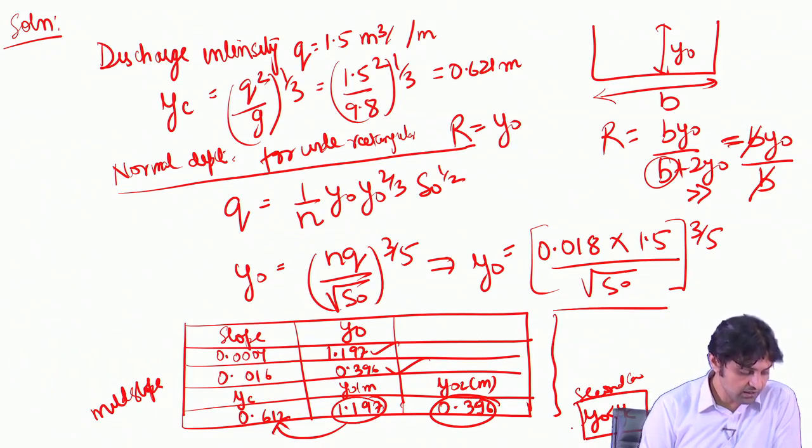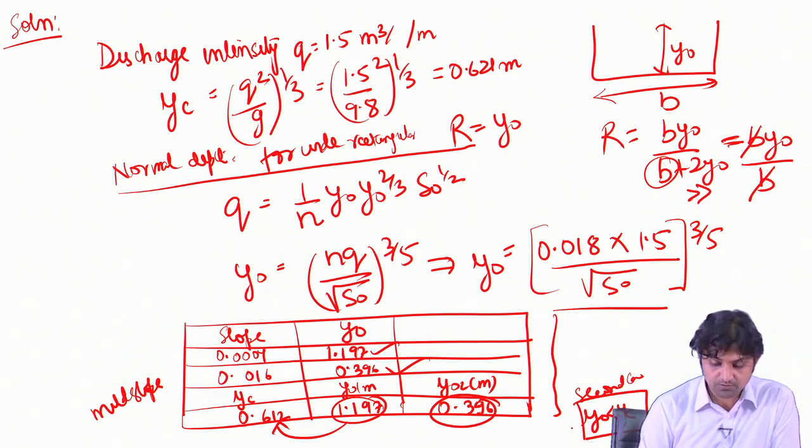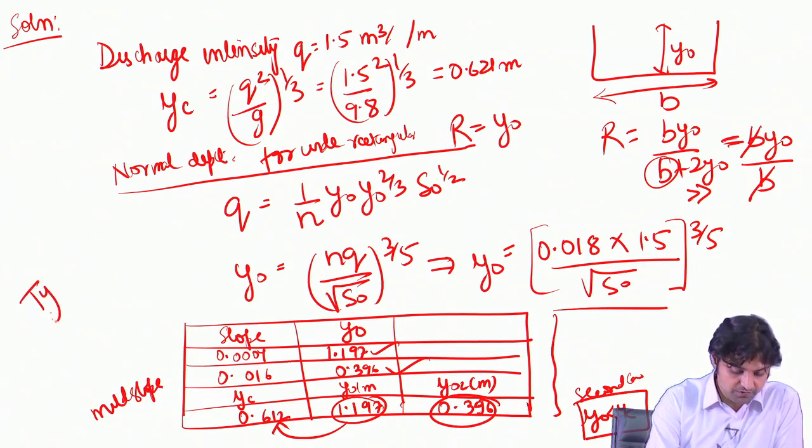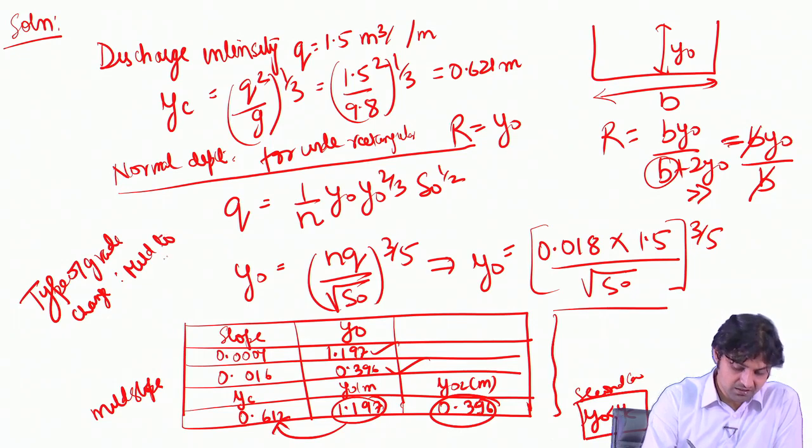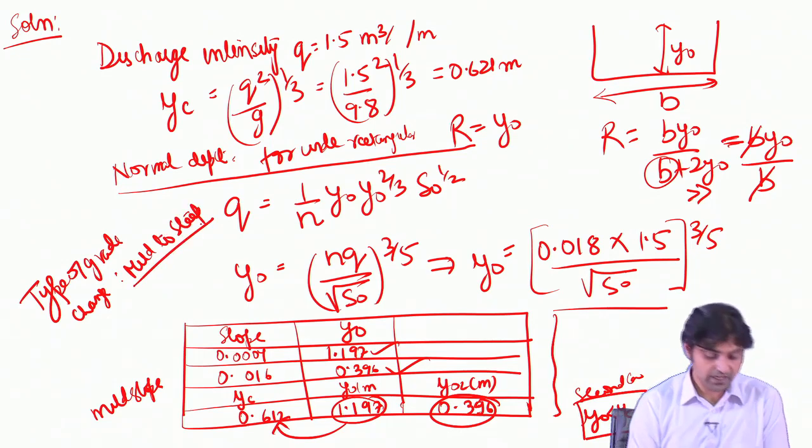So, the resulting M2 curve on the mild slope and S2 curve on the steep slope, all right, because the water depth is also there. So, the type of grade change is mild to steep. All right.